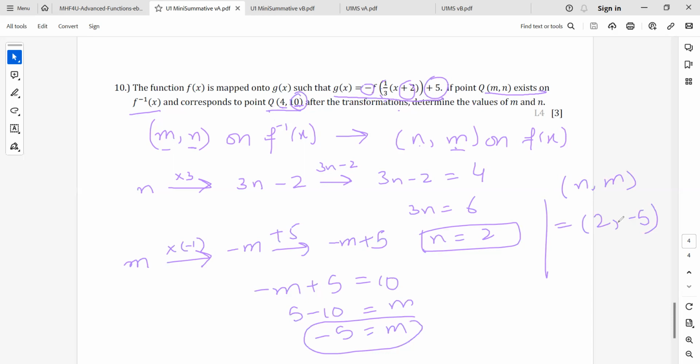Let me explain it again. We have a function g of x, which is equal to minus f of (1/3 x plus 2) plus 5. So this is the function that is given to us.